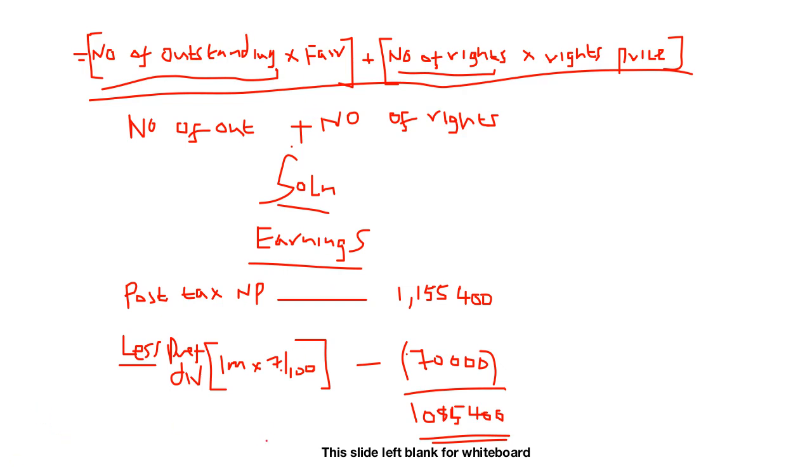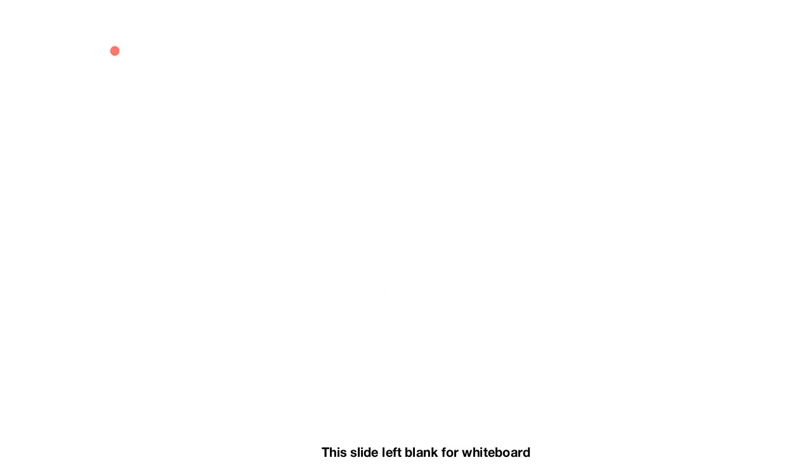So if you look at our problem again, the number of ordinary shares outstanding prior to the rights issue were 4 million shares. I hope we are together there. So we have 4 million shares.